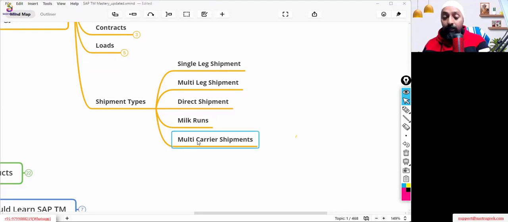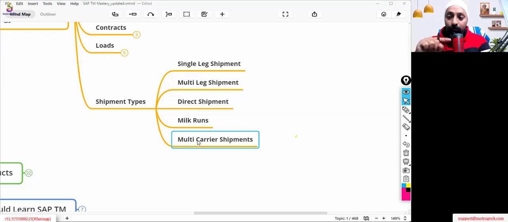There can be multi-carrier shipments. The three-leg movement, a multi-leg movement, can also be a multi-carrier shipment where multiple carriers would be involved. Multi-carrier shipments are always multi-leg shipments, but a multi-leg shipment might not always be a multi-carrier shipment. There are multiple legs involved, but a single carrier is providing those services.